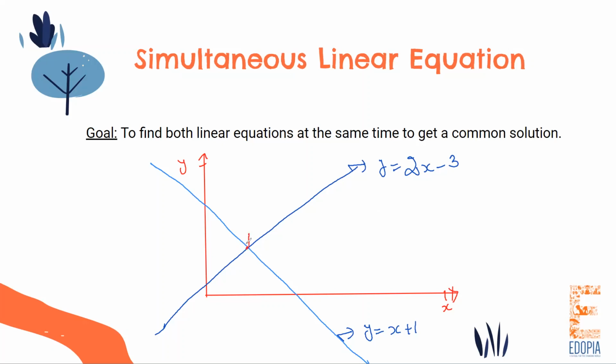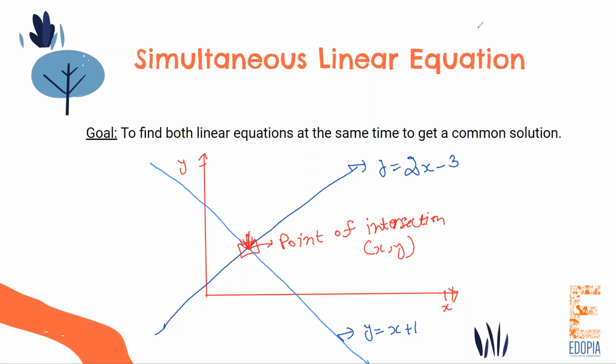This point at which both these equations are meeting is called the point of intersection. Our goal is to find this specific point of intersection, this specific x and y at which both the lines are meeting.